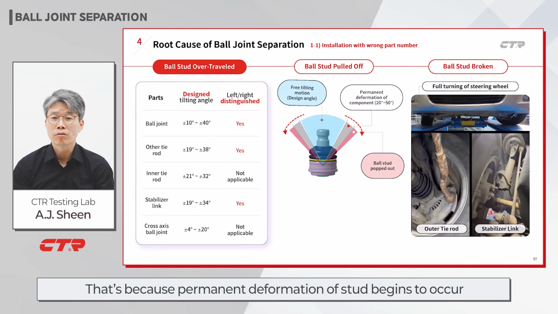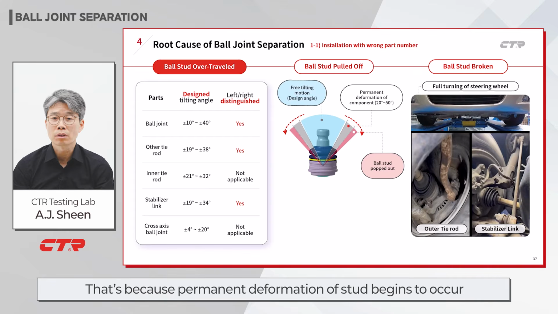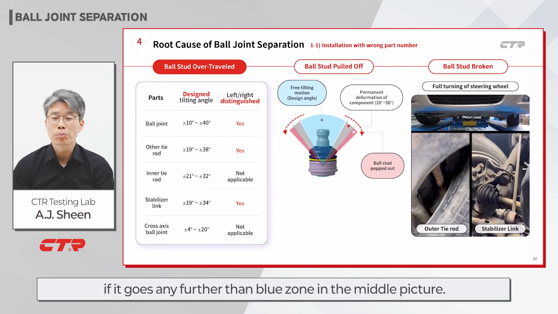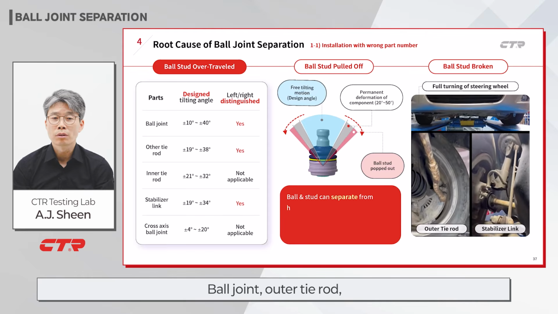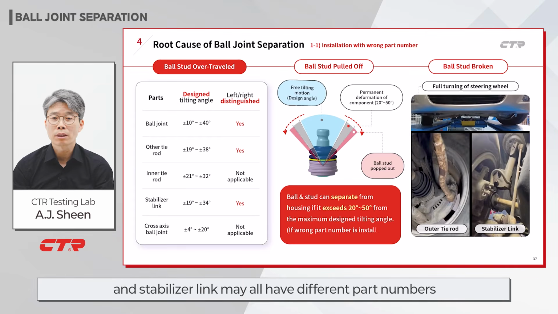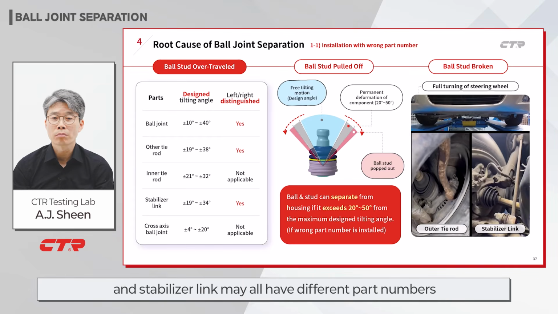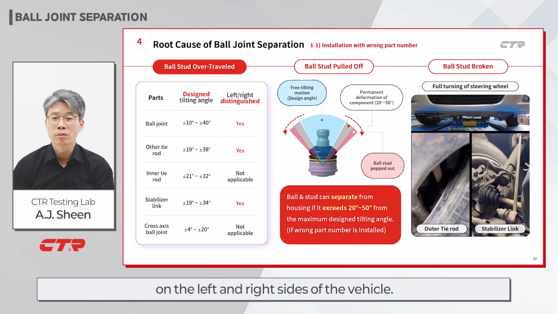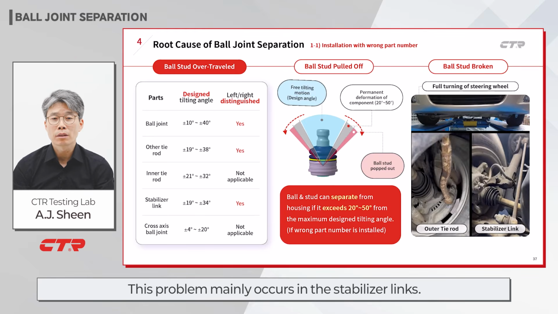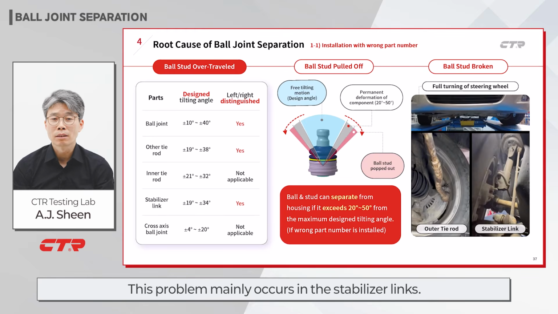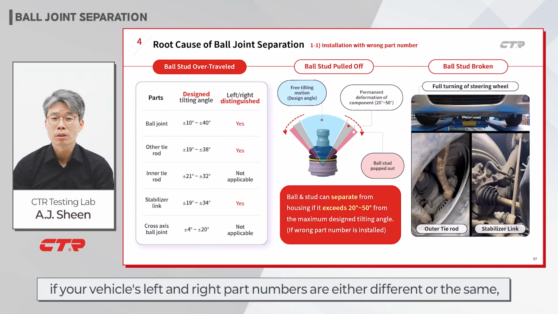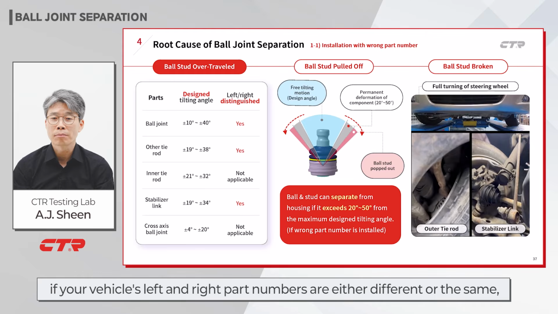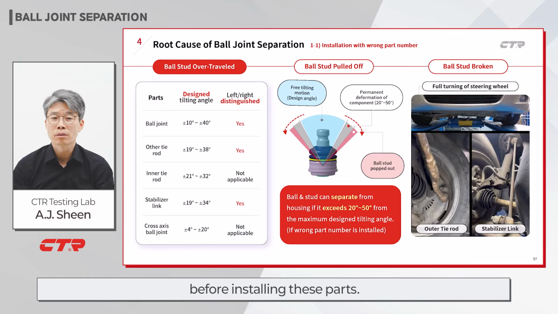That's because a permanent deformation of a stud begins to occur if it goes any further than the blue zone in the middle picture. Ball joints, outer tie rod, and stabilizer link may all have different part numbers on the left and right side of the vehicle. This problem mainly occurs in the stabilizer links. Therefore, please make sure whether your vehicle's left and right part numbers are different or the same before installing these parts.